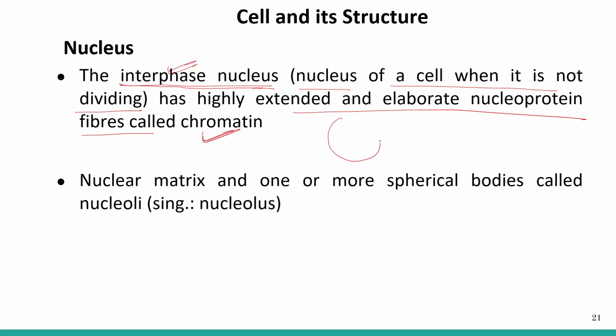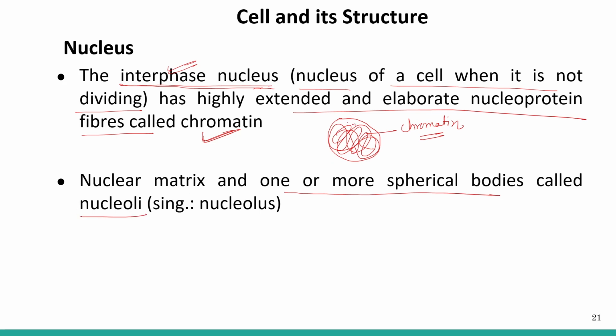When the cell is in interphase, we can see one thread that is very long, and that is called chromatin material. Then there is the nuclear matrix and one or more spherical bodies called nucleoli.